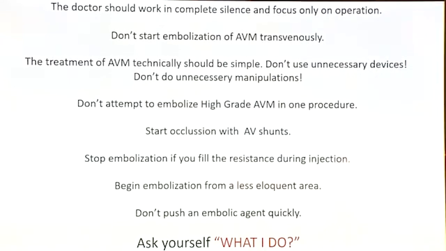Don't attempt to embolize high-grade AVM in one procedure. Start occlusion with the AV shunt. Stop embolization if you feel resistance during injection. Begin embolization from a less eloquent area. Don't push the embolic agent quickly. And ask yourself, what am I doing now?